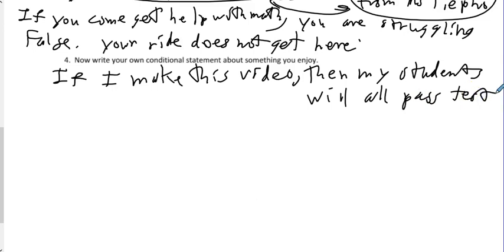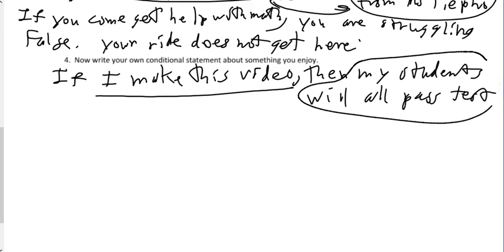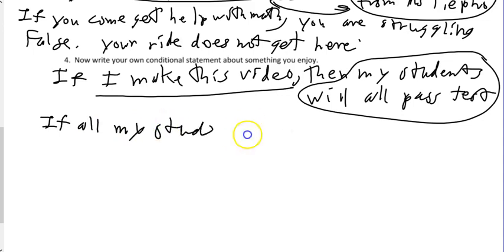Okay, so if I make this video, hypothesis, my students will all pass the test, is my conclusion. So the converse is, if all my students pass the test, then I made a video.